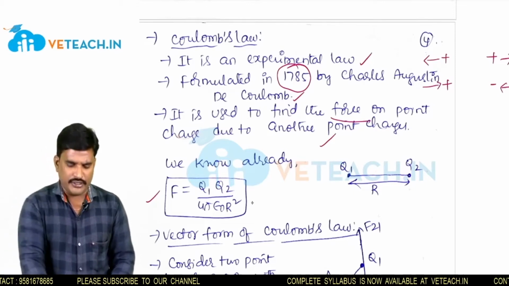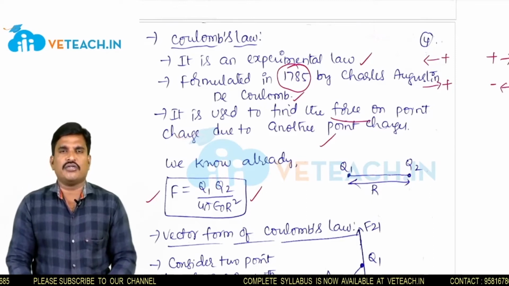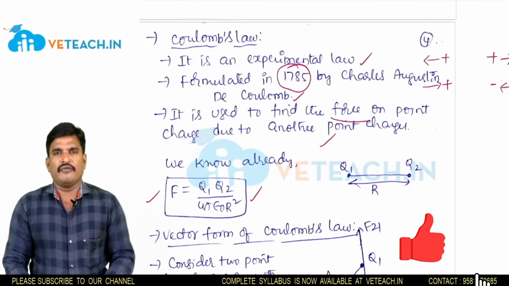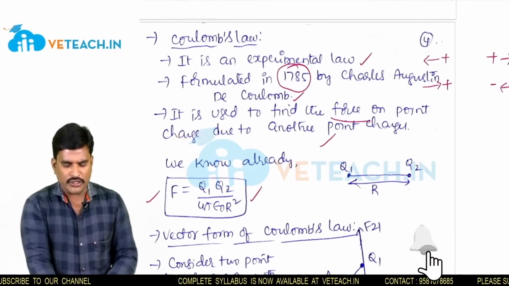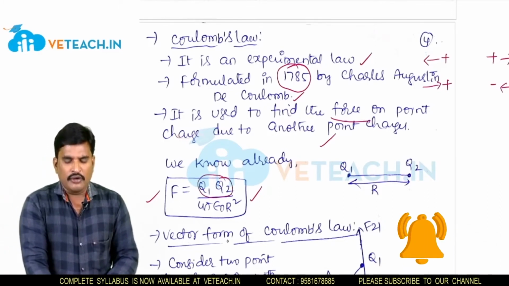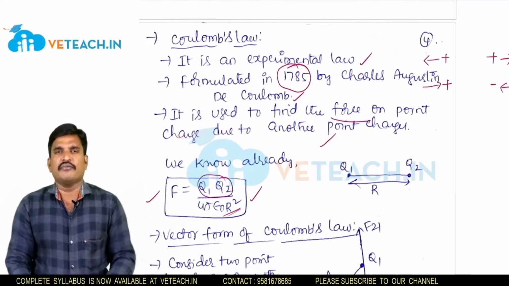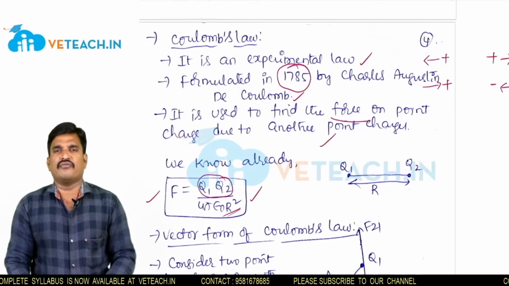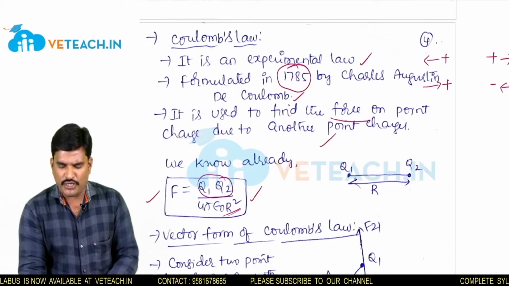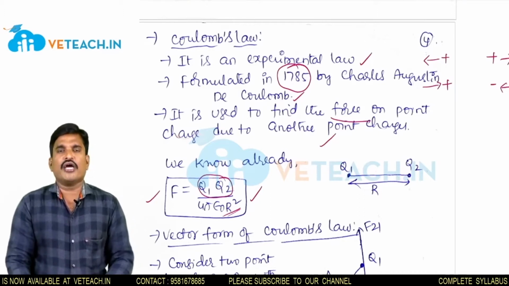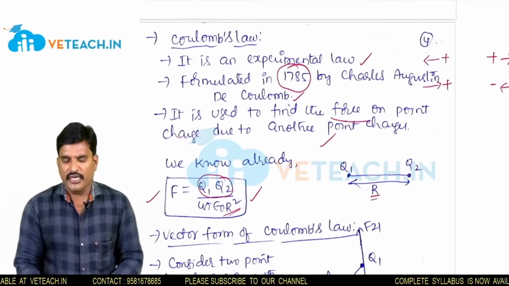In words, the force of attraction or repulsion between two point charges is equal to the product of the magnitudes and inversely proportional to the square of the distance between them. That is the statement of Coulomb's law. Here there are two point charges, Q1 and Q2, separated by some distance R.